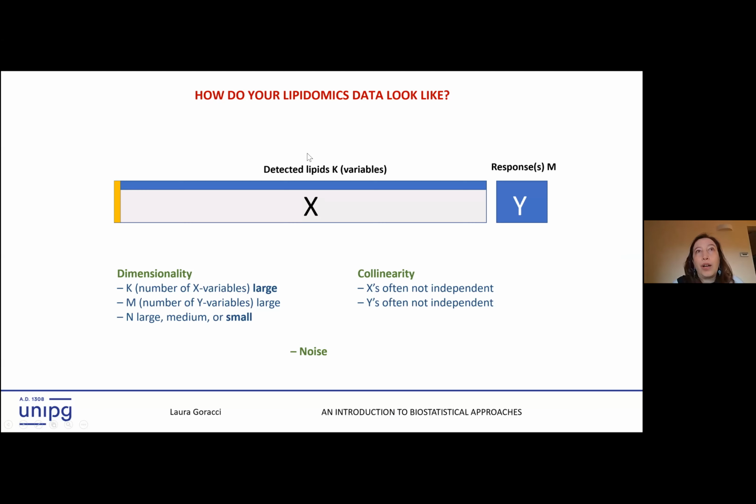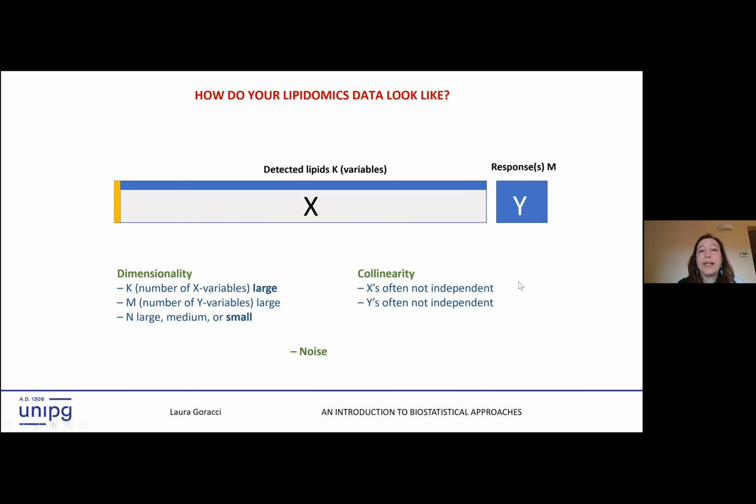If we go more into lipidomics applications, especially in untargeted lipidomics, quite often we are going to have a quite fat matrix, because we have a limited number of samples with respect to the number of lipid variables that we are able to identify so far. And we can have multiple responses.